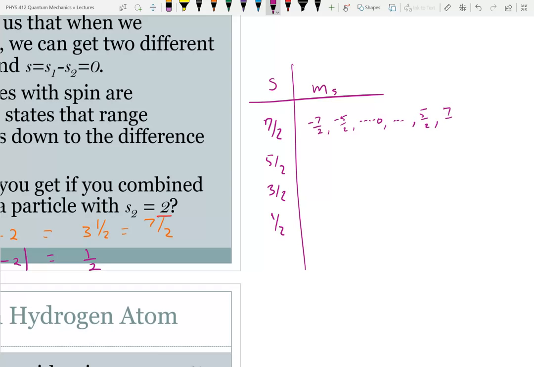There's lots of options for the 7/2, 2 less for 5/2, 2 less for 3/2, and only 2 values for 1/2. There is no 0 in the middle here. If you're changing by 1 and you're at 1/2, you don't get 0. There, now it's complete.